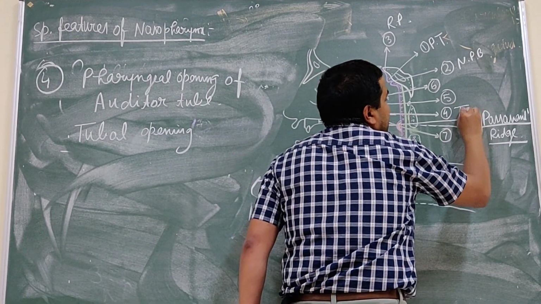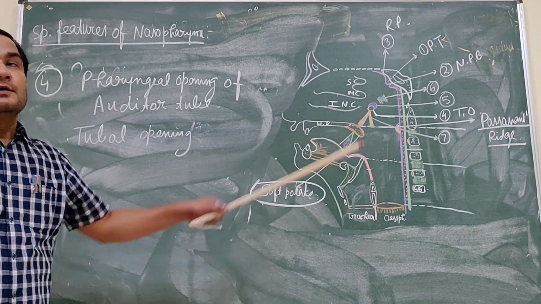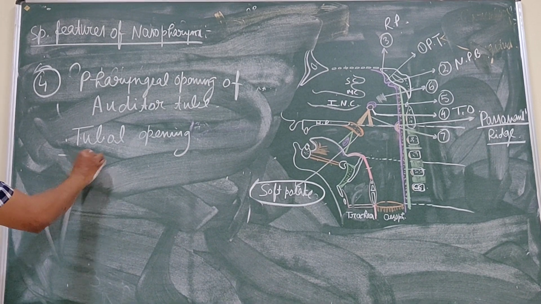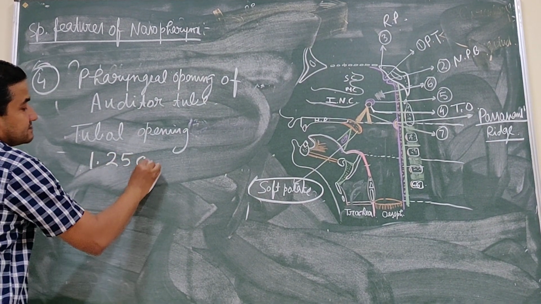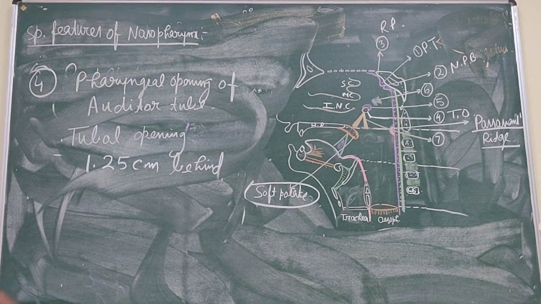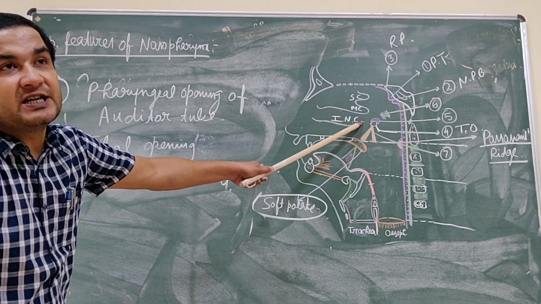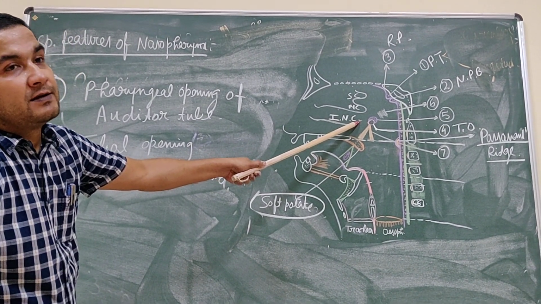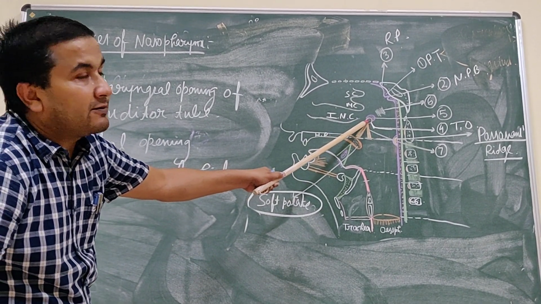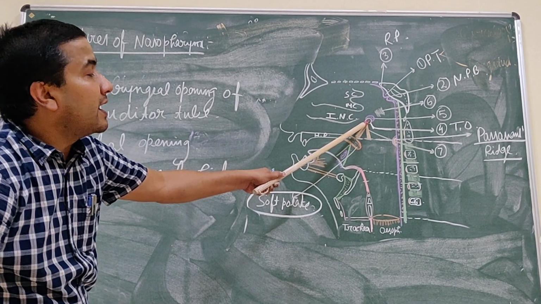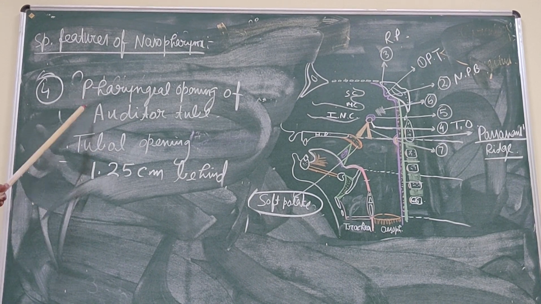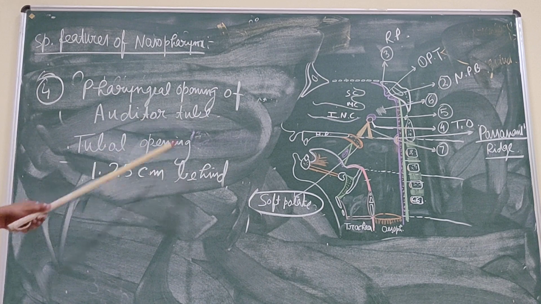This opening is situated about 1.25 centimeter, half an inch, behind the posterior end of the inferior nasal concha. This opening is the tubal opening, the pharyngeal opening of the auditory tube.